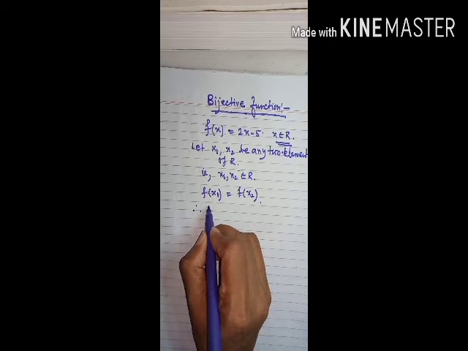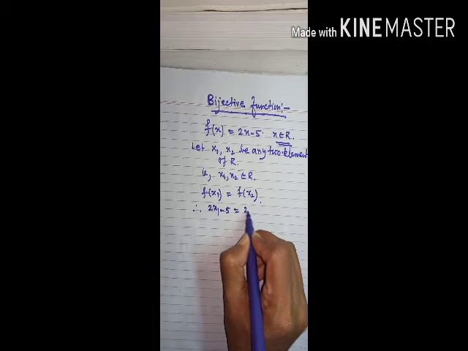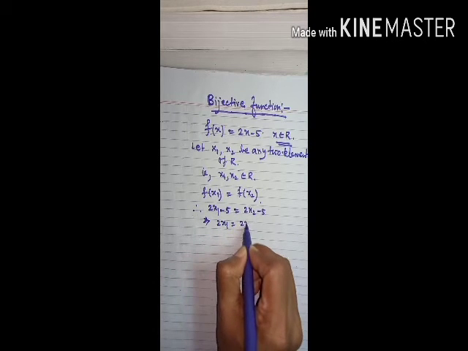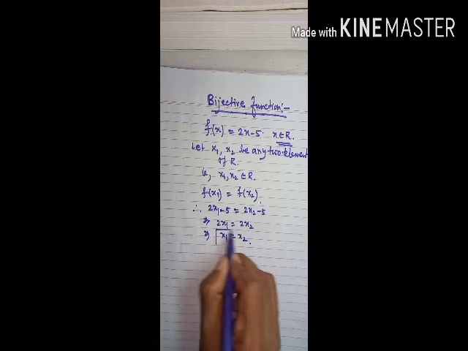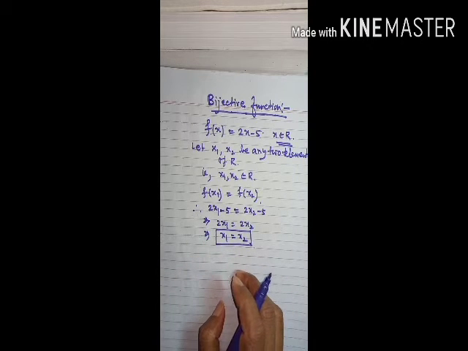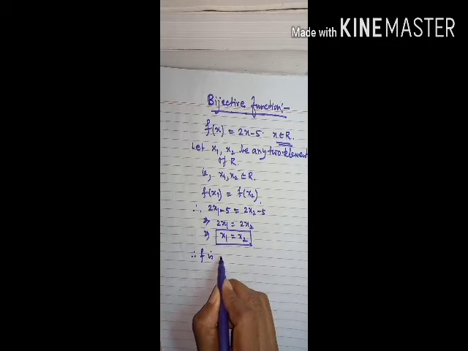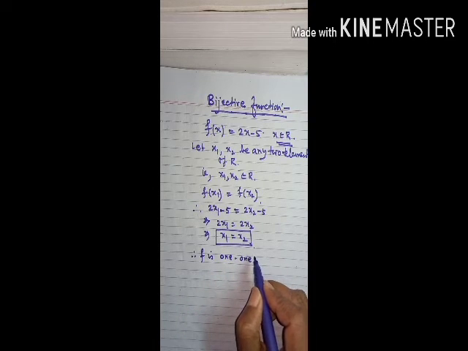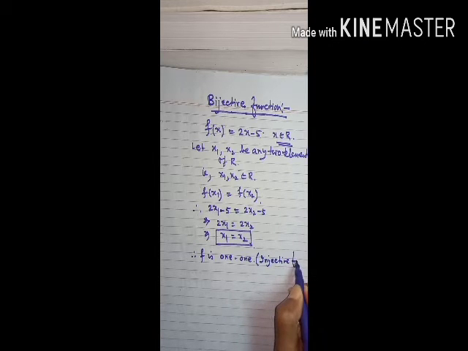So we can write 2x1 minus 5 equal to 2x2 minus 5. So 2x1 equal to 2x2, that is x1 equal to x2. We are getting x1 equal to x2. So here we can write f is one-one function. One-one means injective function.